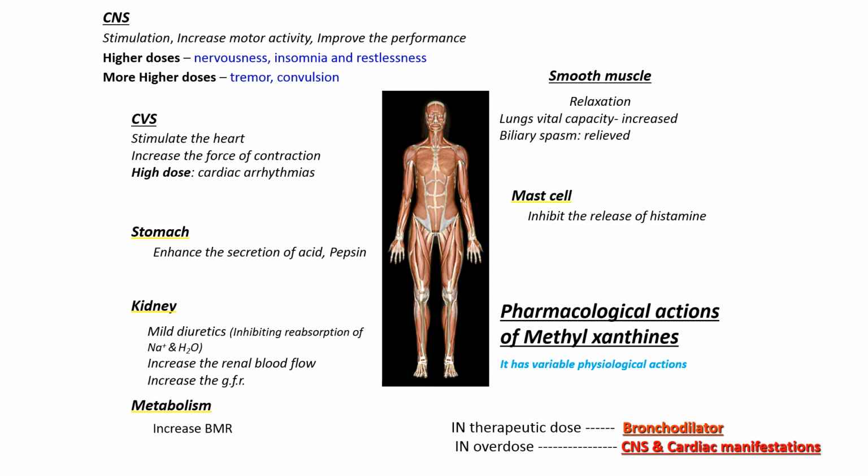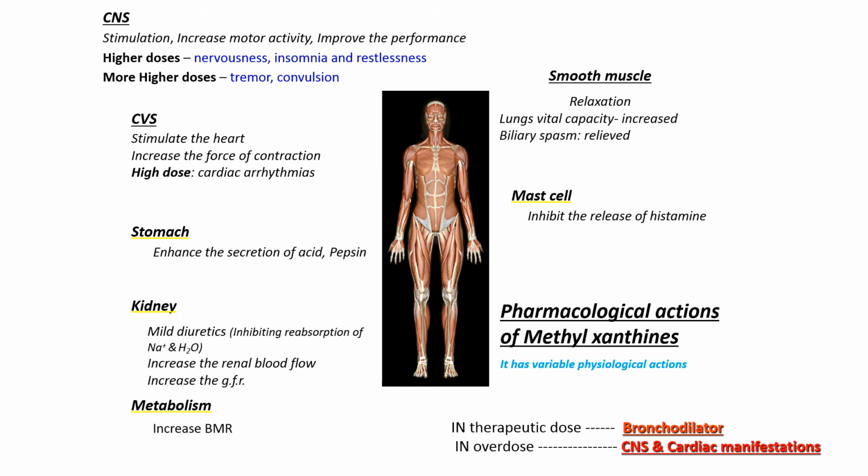Then in the GIT, it enhances the secretion of acid and pepsin. In kidney, it has a mild diuretic effect and increases the renal blood flow. It increases the BMR. In the smooth muscle, it leads to relaxation and bronchodilation. Biliary spasm is relieved, and in the mast cell, it inhibits the release of histamine, which we have already discussed.